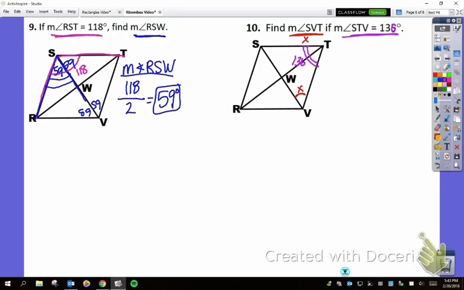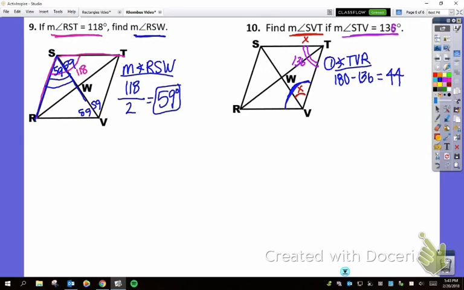Now again, there's a couple of different ways that we could do this. I'm going to find the consecutive angles first. So if that's 136, then I can find this angle down here by subtracting from 180. So first I'm going to find angle TVR and say 180 minus 136, which ends up giving us 44 degrees.